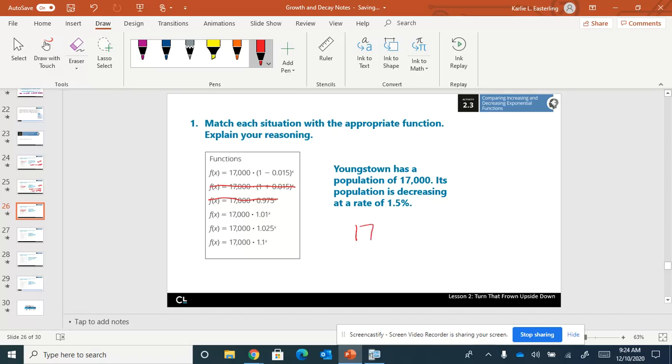All right, so hopefully y'all recognize we're starting with 17,000, and we are decreasing by 1 minus 0.015, because we're starting here and moving to the left. All right, let's see if that matches our one left. It does. So we have gotten rid of the top 3.